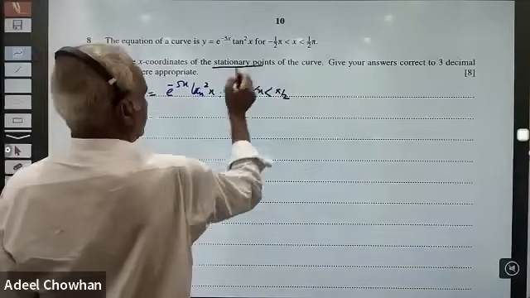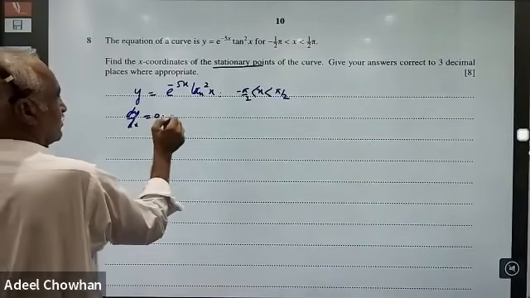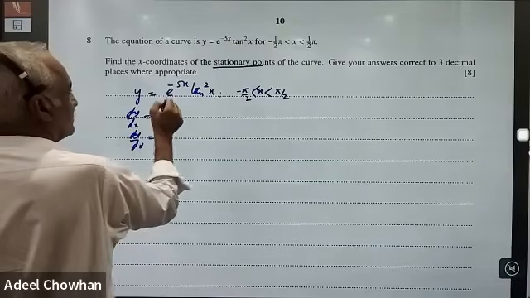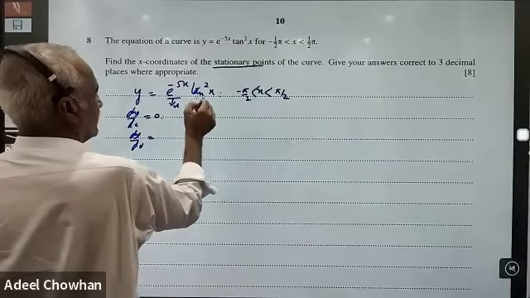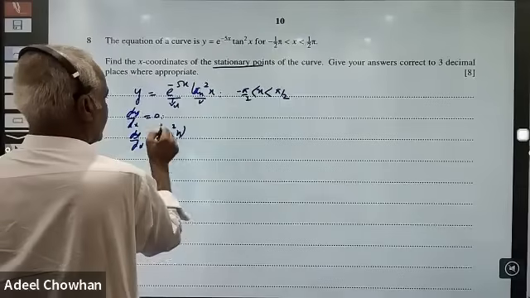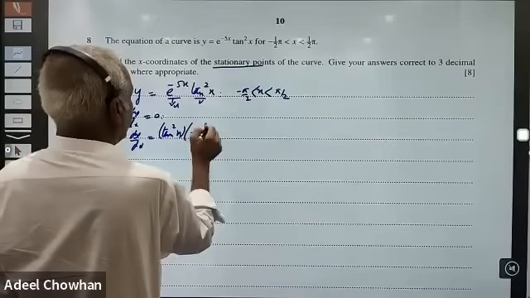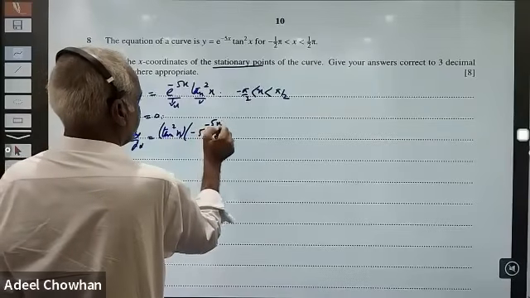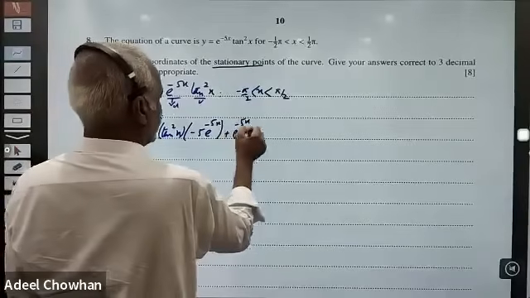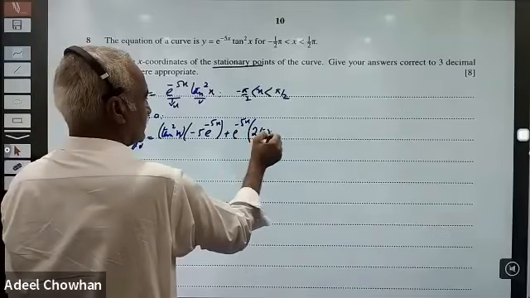That means dy by dx is equal to 0. So dy by dx is equal to, let's say this is u and this one is v, so that is tangent square of x as it is, into the derivative of this, which is minus 5 e power minus 5x, plus e power minus 5x as it is, into the derivative of tangent square x, that is 2 tangent of x.